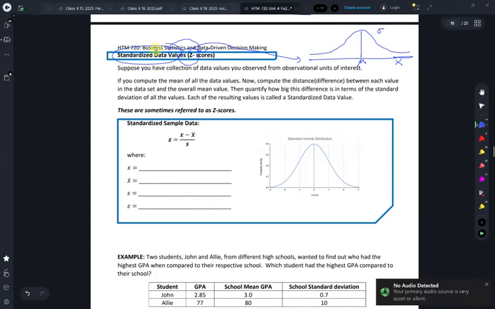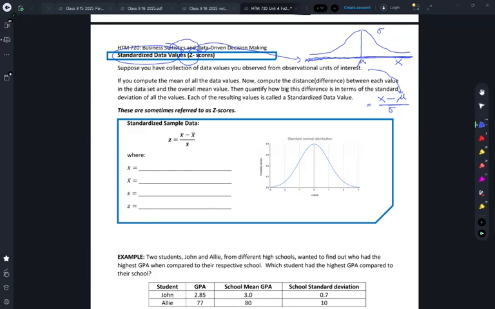Now you see each of the values on the horizontal line here. If we take each of those values and subtract the overall mean and divide by the standard deviation, then what you have are new values that can also form a similar distribution like this.